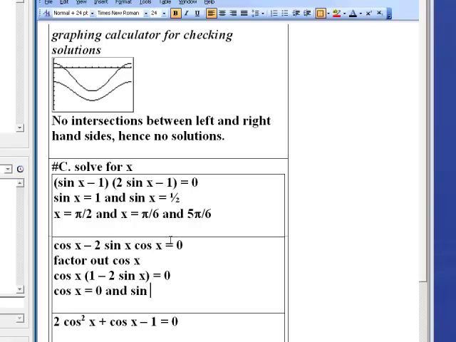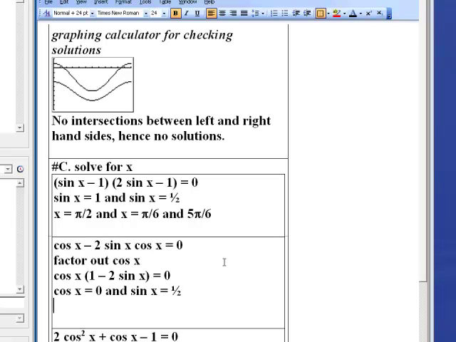And the other one is going to be sine x equals, well, get the 2 sine x to the other side, divide by 2, so we kind of come up with 1/2. Okay, that pretty much means that the second solution here we already did a moment ago, that's going to come out to pi over 6 and 5 pi over 6, and the cosine equals 0 at 90 degrees, or pi over 2, and 270 degrees, or 3 pi over 2.